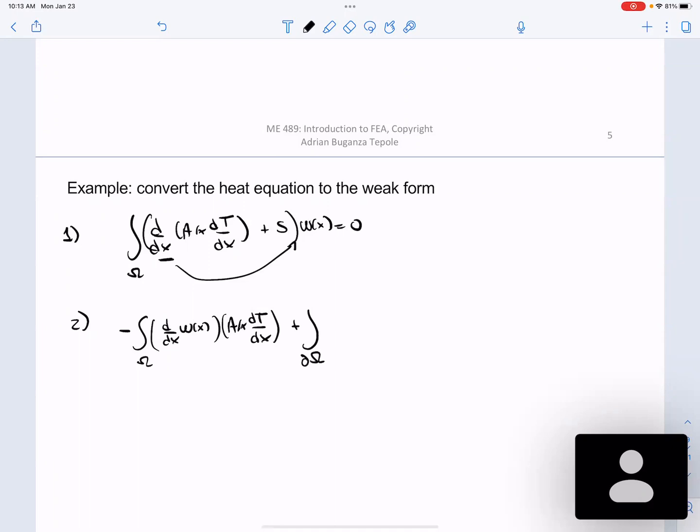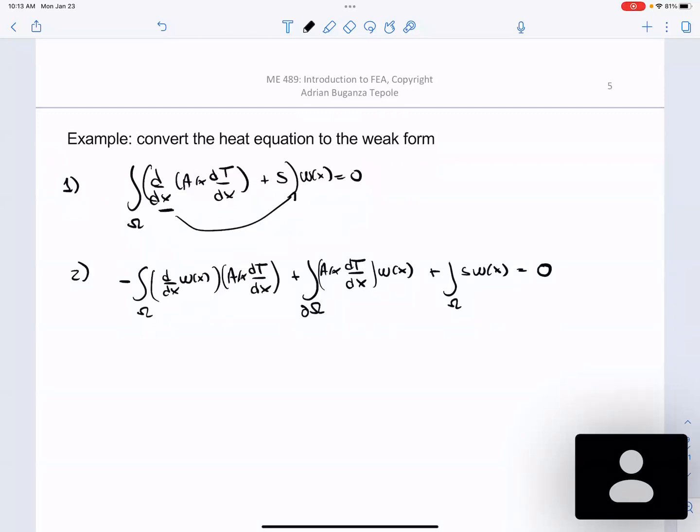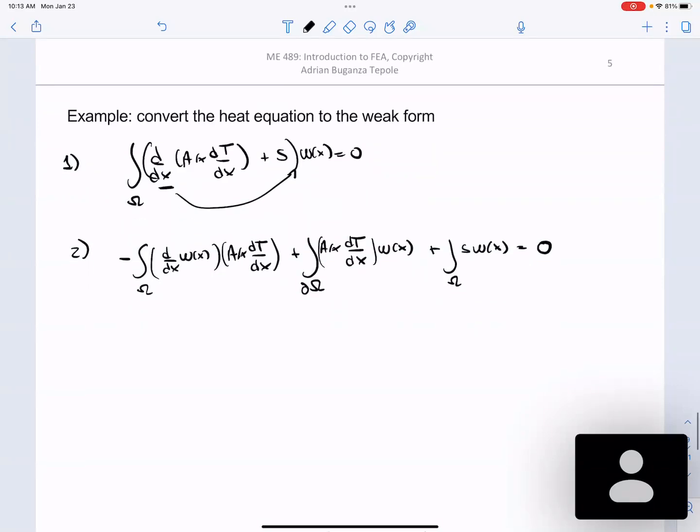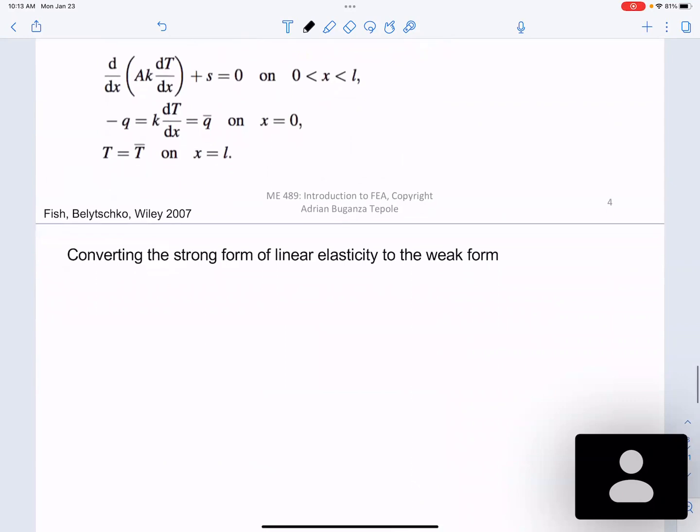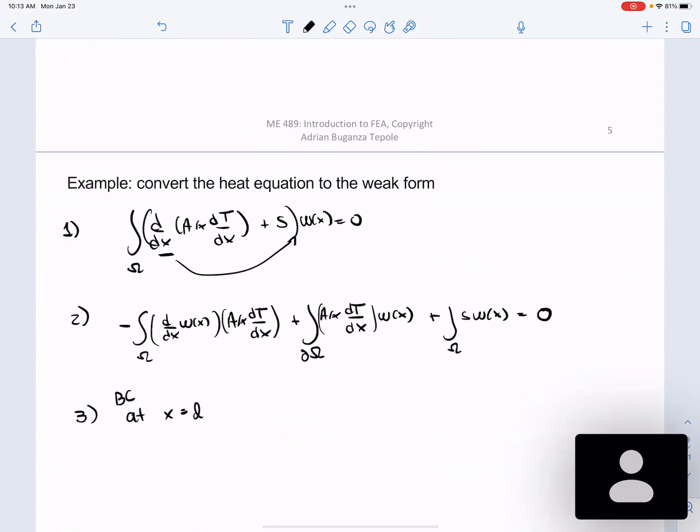So, the integral over the boundary of a k dT/dx times w of x. And then the last one is s w of x. So I just did integration by parts. And then the last one is to use boundary conditions. At x equals L, we have the temperature, so the temperature is some known temperature.